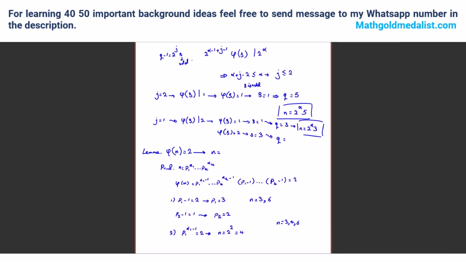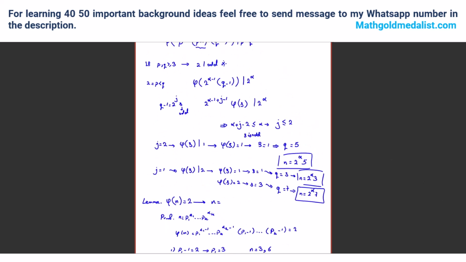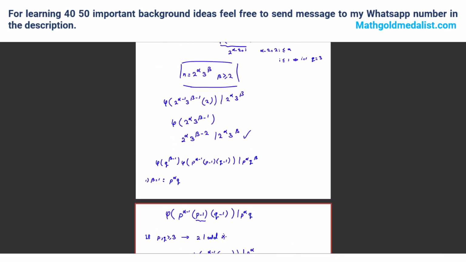So q is 7. So n is what? N is 2 raised to alpha times 7. Exactly. Okay. So we've considered all cases with 2 primes, right?